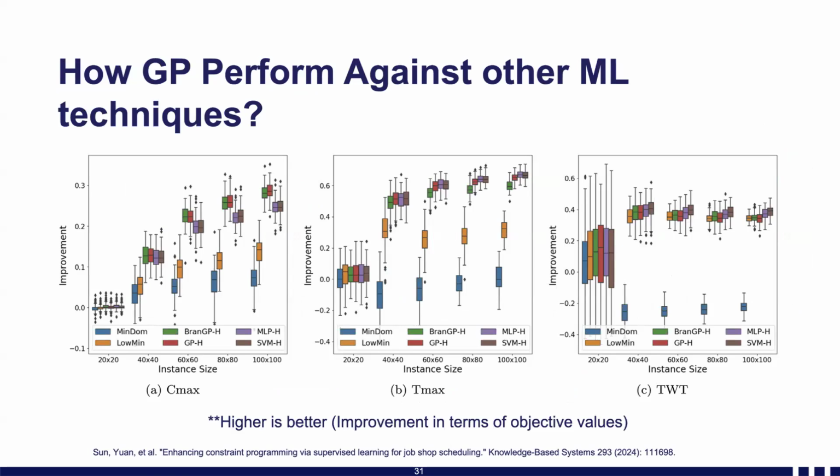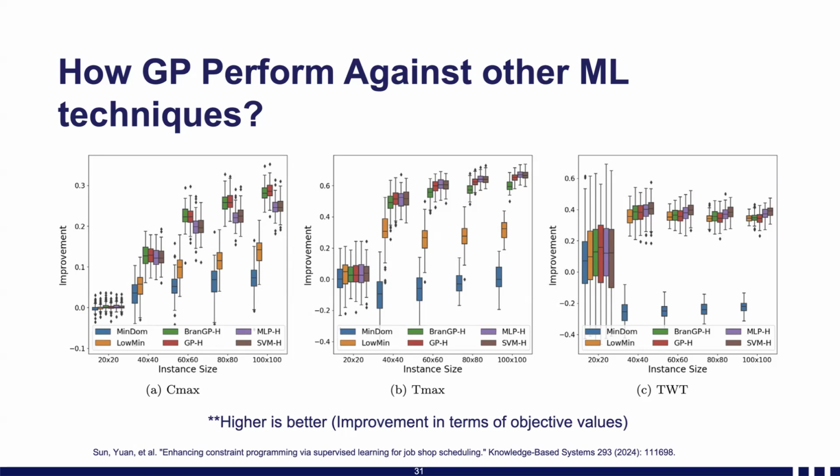We also compare, okay, we use GP, but we can also apply other machine learning techniques to do the same thing. So we compare GP with other methods, for example a multi-layer perceptron, factorization machines, or the supervised version of genetic programming as well.